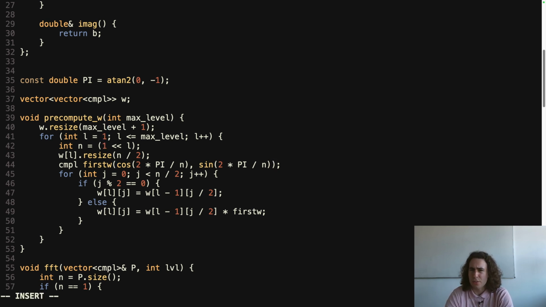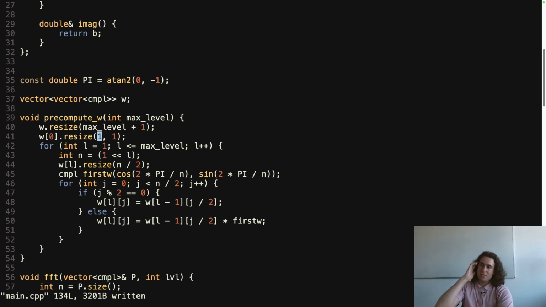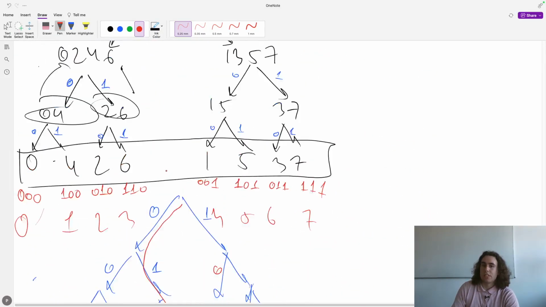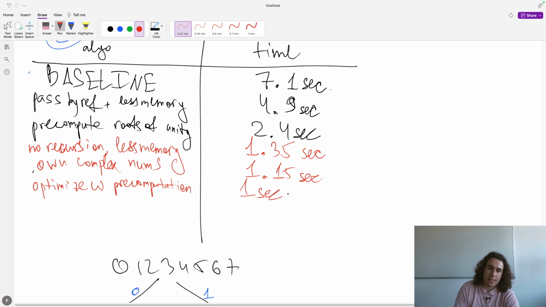But we don't care about the 0th level anyway, we can say that W0 is just 1, whatever. We never use the 0th level anyway. Great. And doing this gives us even more. So optimized omega pre-computation. This will be exactly 1 second.